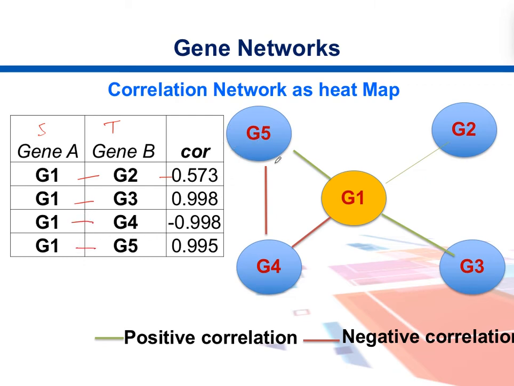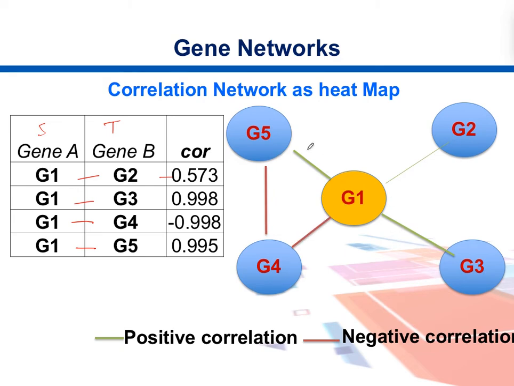Now we can take all those genes and put them as circles or dots in the shape of a network. Since G1 is connected with all of them, we place it in the middle, and we represent all those genes with dots, and we draw lines between them.